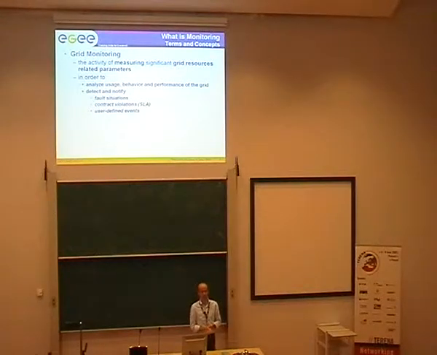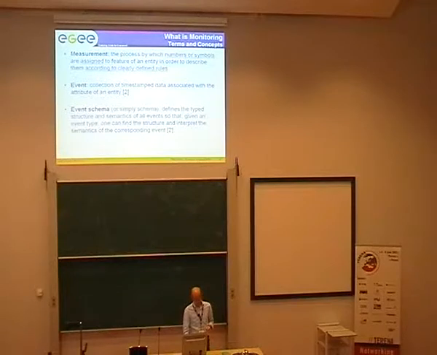About grids, we are interested, for example, in understanding what is the current composition of resources, who is currently using these resources, and if the grid is performing as expected, or we want to detect in advance possible fault situations.